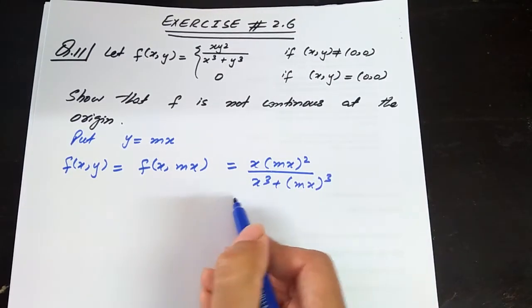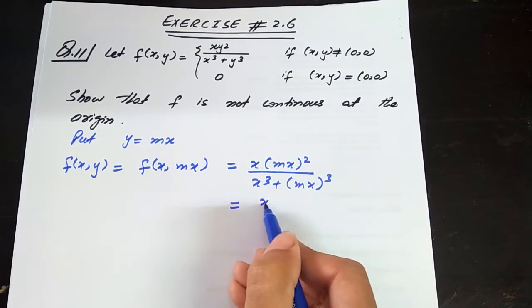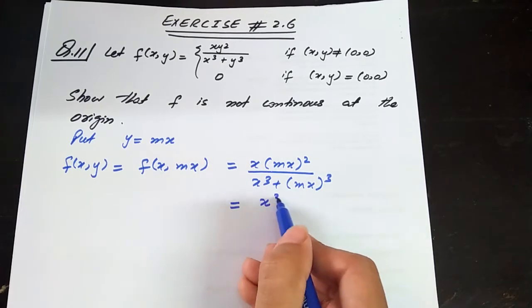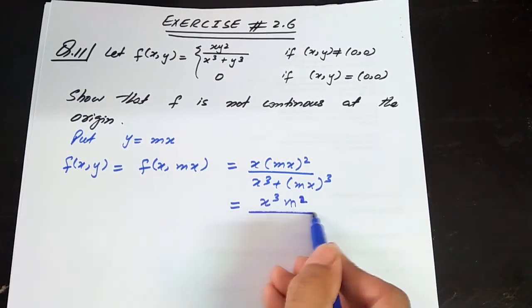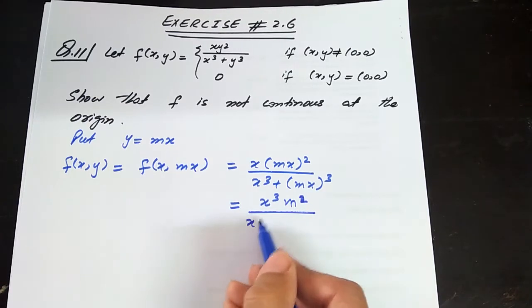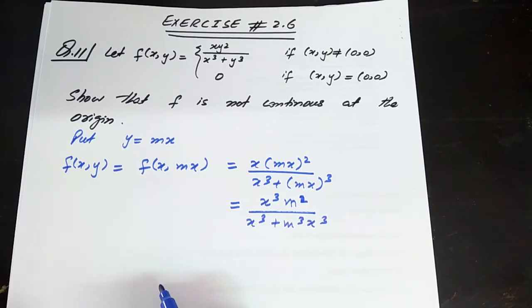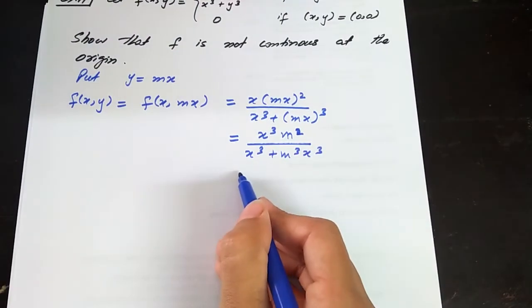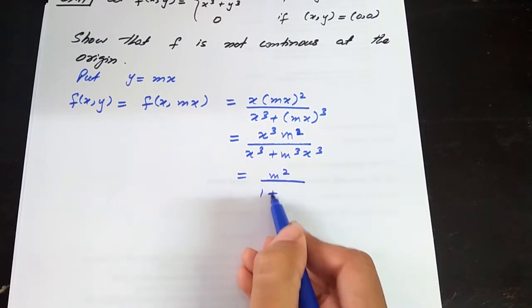After simplification, I will get x cubed m squared divided by x cubed plus m cubed x cubed. Now after simplification, I will get m squared over 1 plus m cubed.